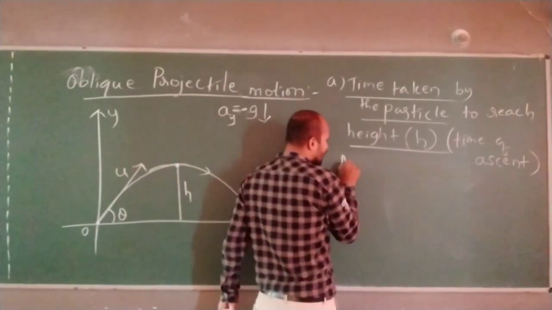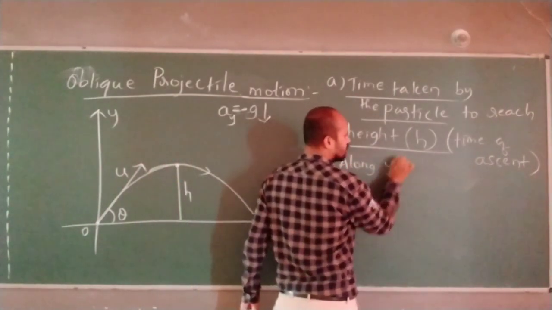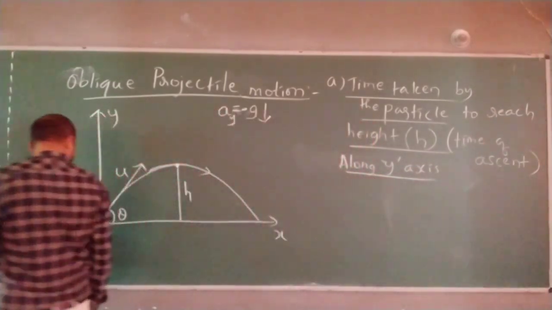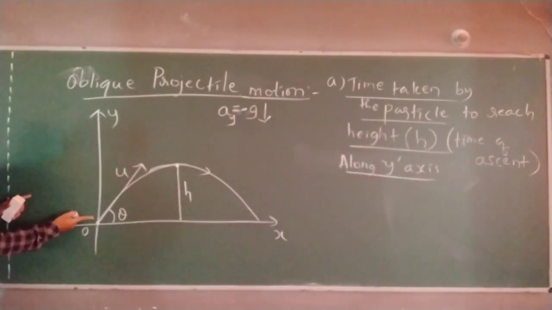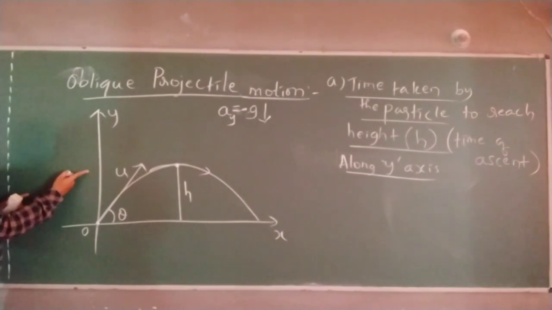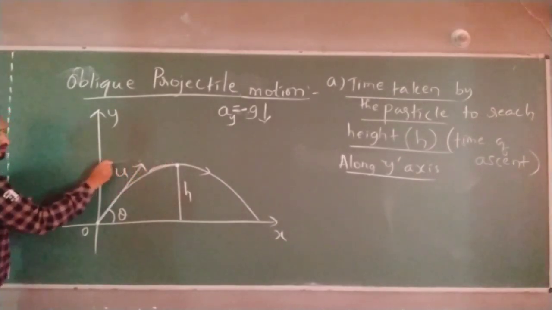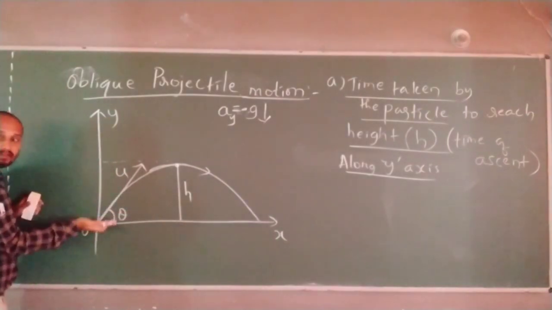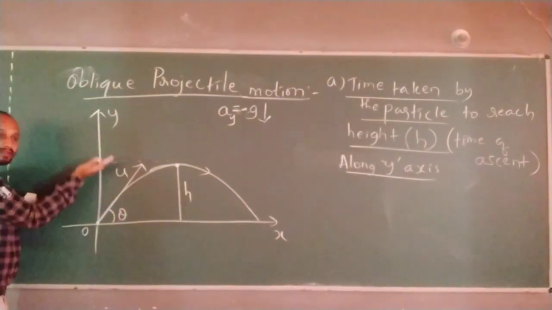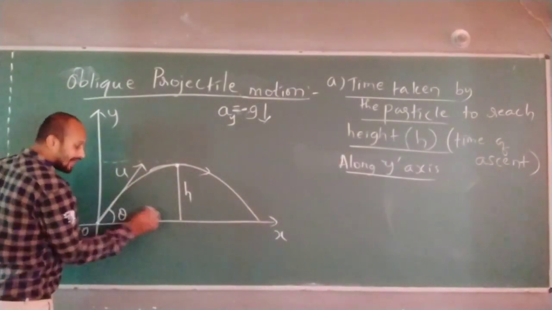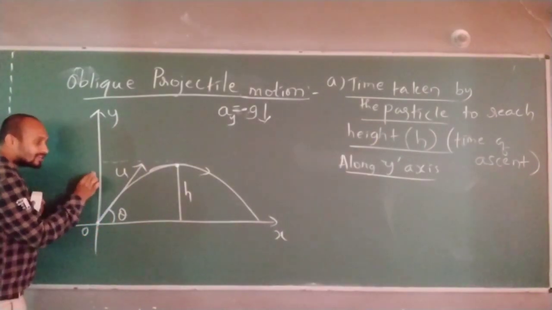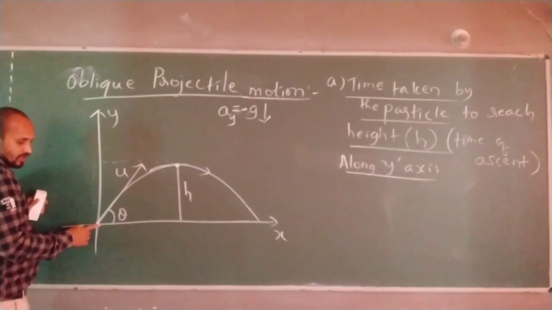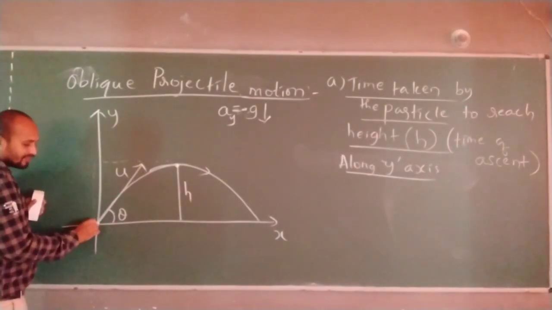So along the y-axis I make one equation, for the time taken by the body to reach height h. Now forget about x, only look at y. What will be its initial velocity?